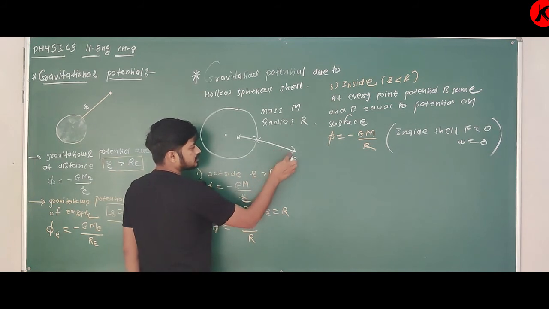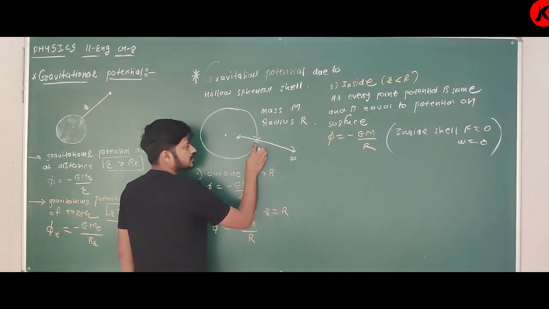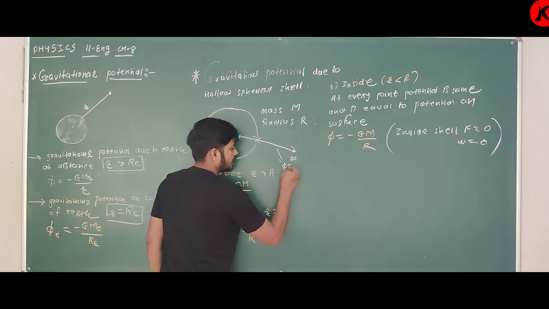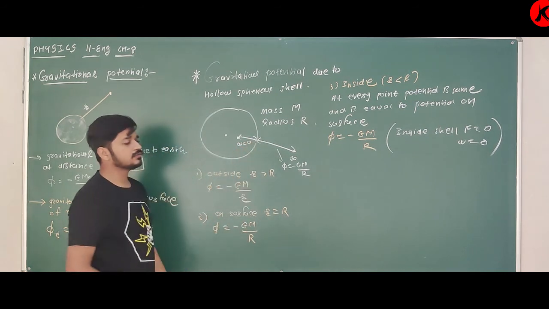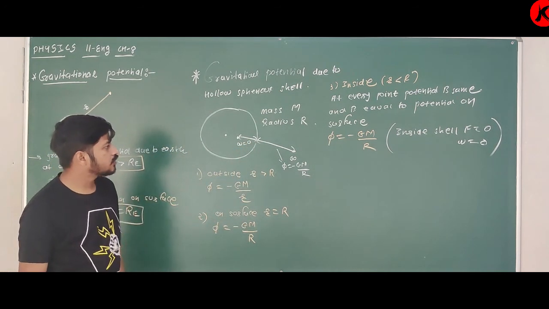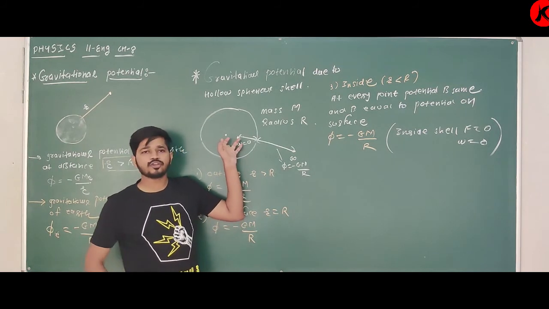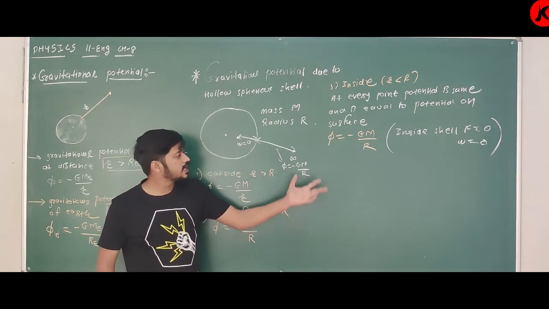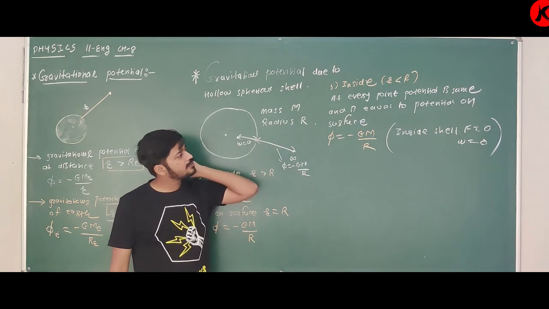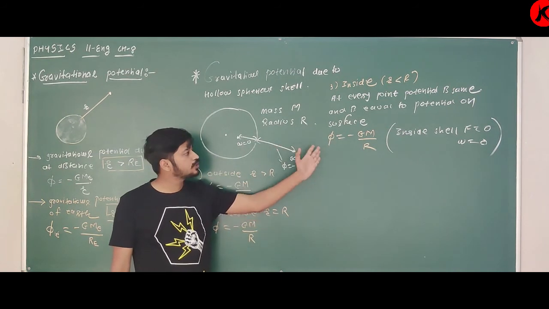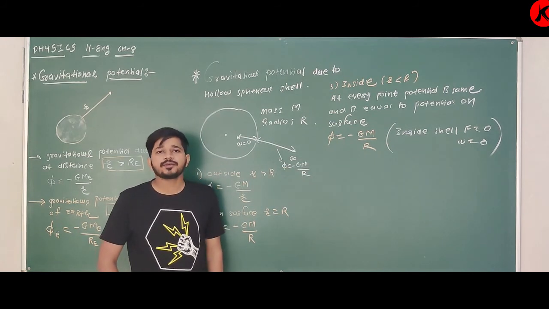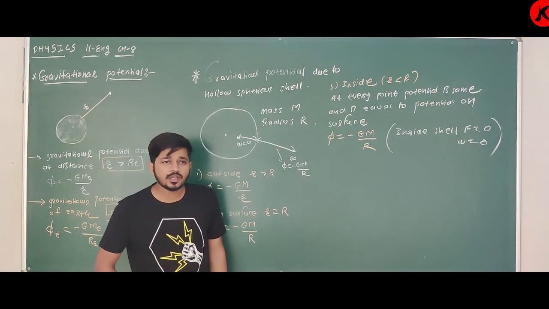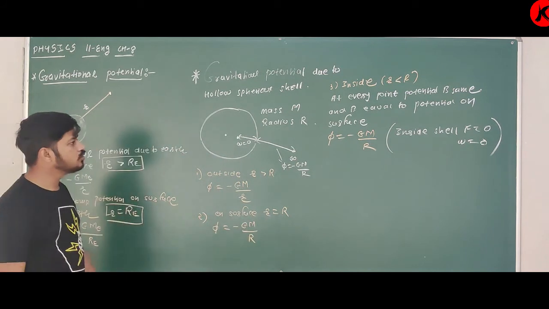The work from infinite distance to the surface is phi equal to minus GM upon R. Inside there is no force, so no work, so work is 0. So as inside the shell force is 0, no work is done. Therefore potential at each and every point inside the shell is equal to potential on the surface, that is minus GM upon R. Clear? So this special case you have to remember.